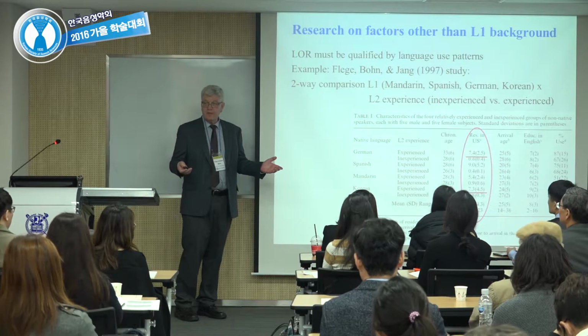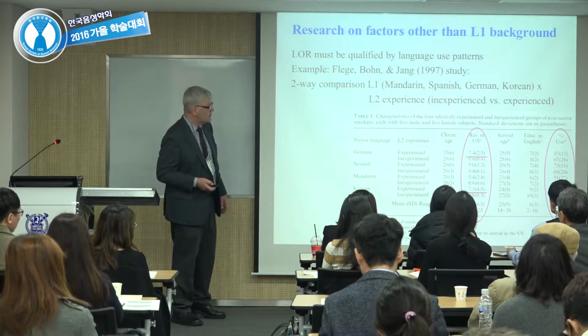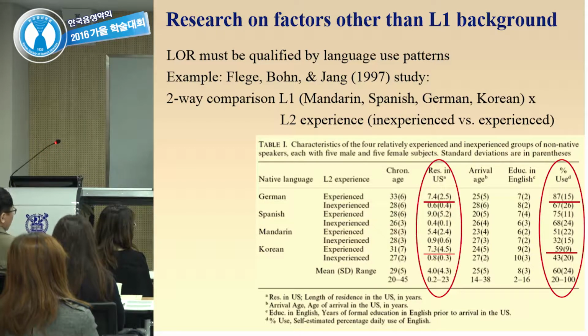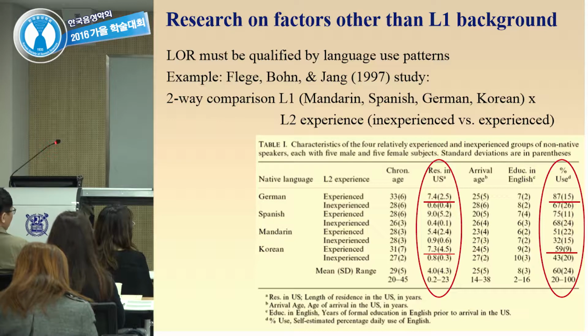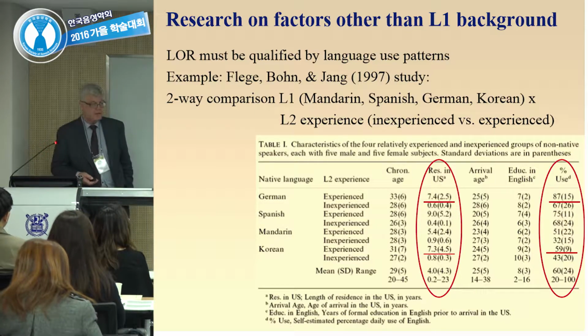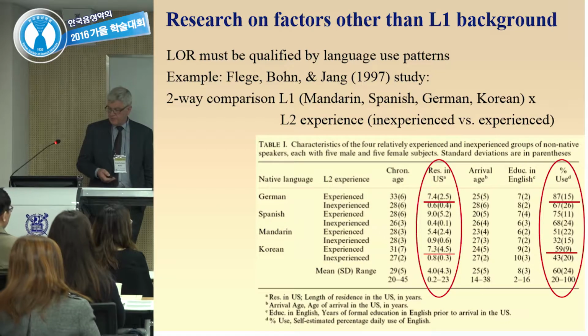Well, it's deeply unfair, because when you look at the use of English, we find that the native speakers of German used English 87% of the time, and the Korean speakers 60% of the time. Okay, so length of residence is a very crude measure and needs to be qualified by language use patterns, where they were not equivalent in this particular study.